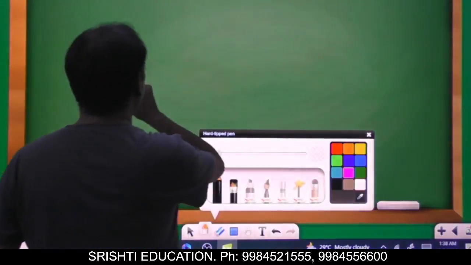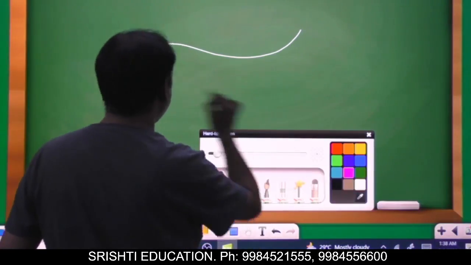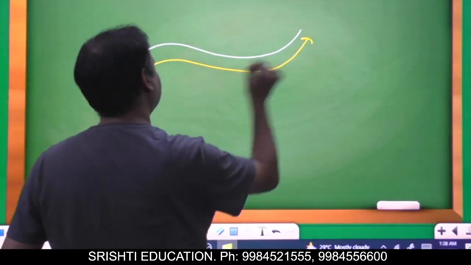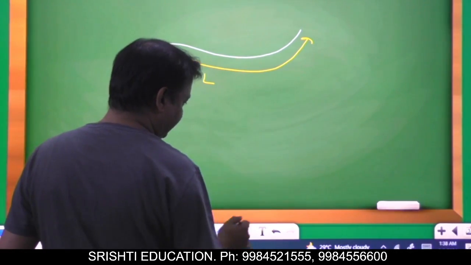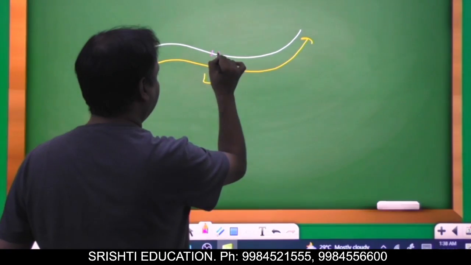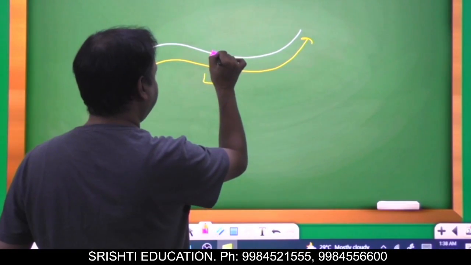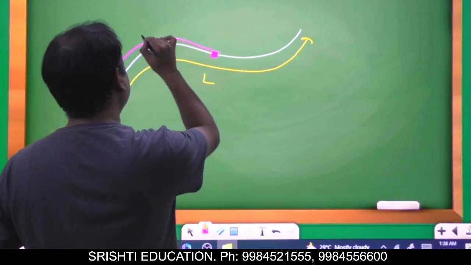Suppose I have some segment which has a total length L, and I am taking an infinitesimal element like this. From this the linear variable is x.